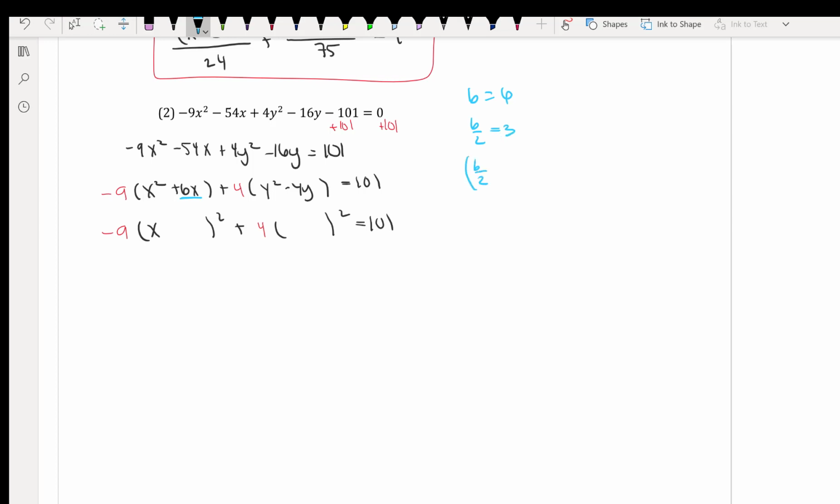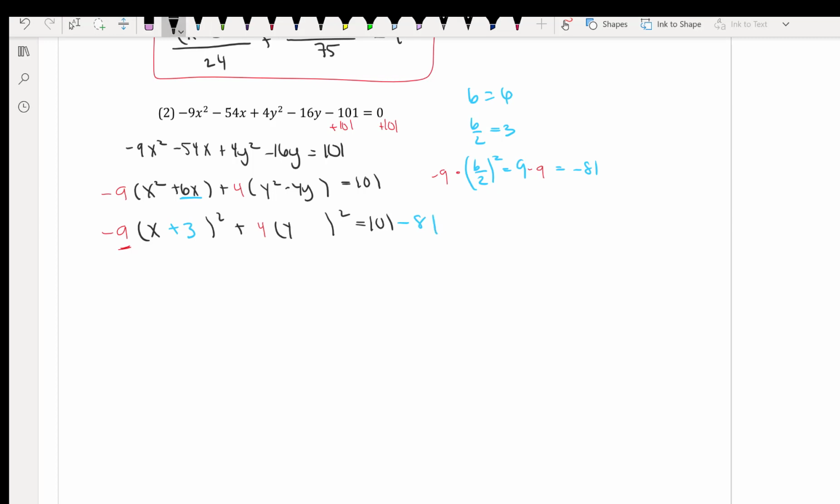And if I square that, that gives me 9. But don't forget, I'm multiplying it by a negative 9, since that's the number out in front. So 9 times negative 9 is a negative 81. So inside here I have my b divided by 2, which is a positive 3. And on the other side, I'm going to subtract my 81.